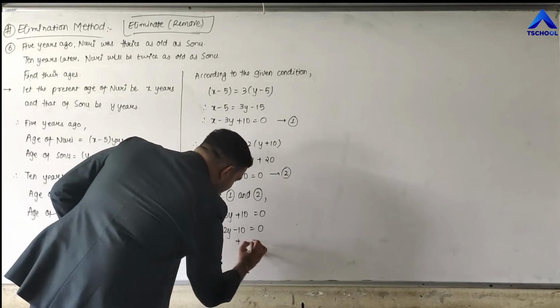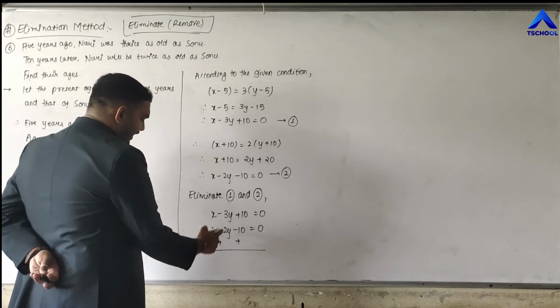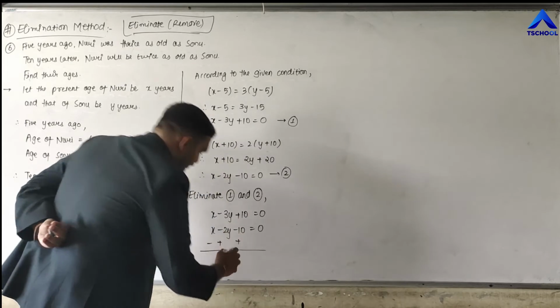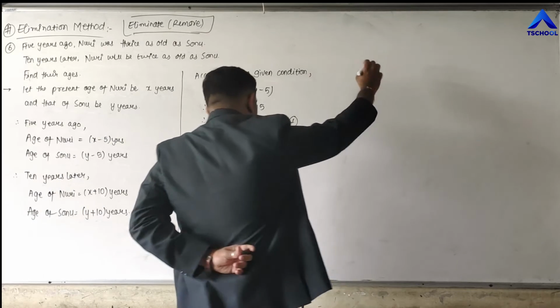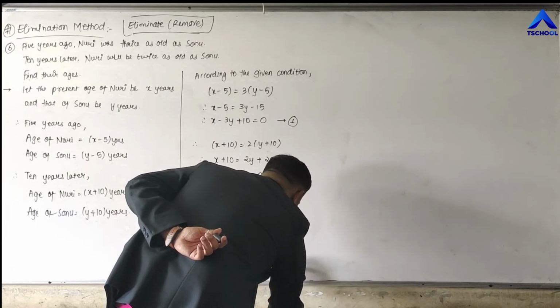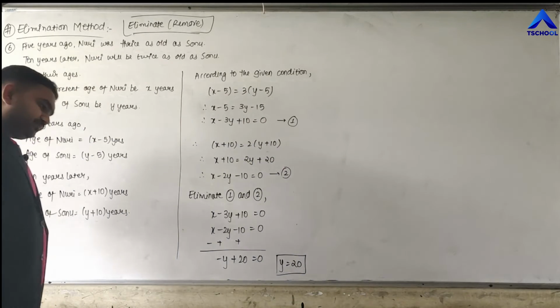Let us change the sign here, right? So that x and x will be cancelled. Minus 3 plus 2, that is minus y, plus 20 equal to 0, and hence we get y is equal to 20. Right? y equals 20.